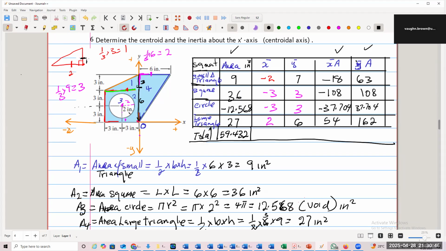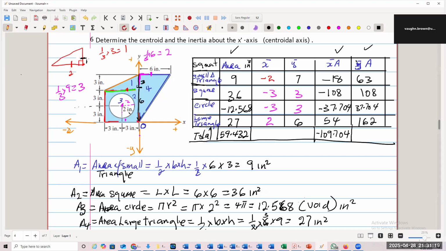Next line here now is going to be minus 18, minus 108, minus 37.704 plus 54, and for this line I am getting minus 109.704.